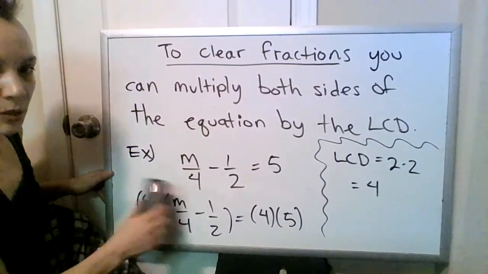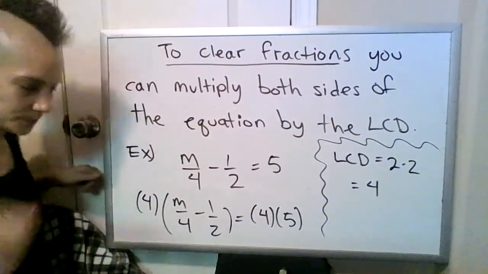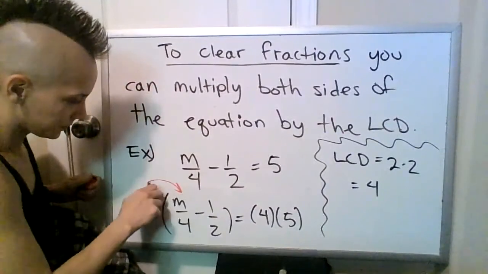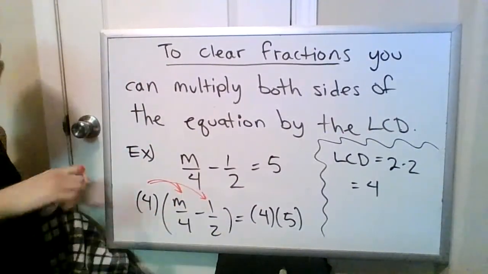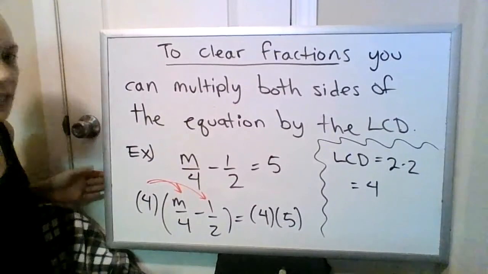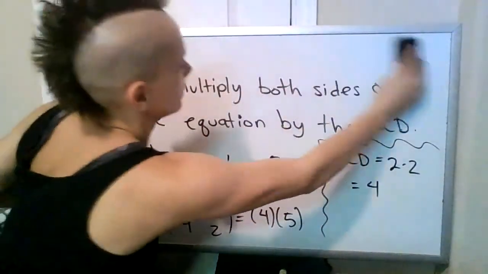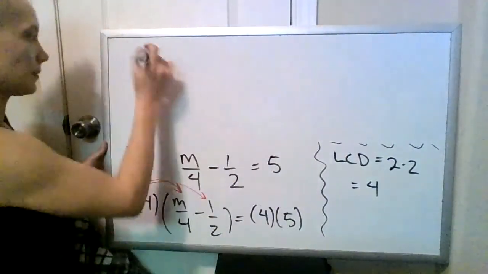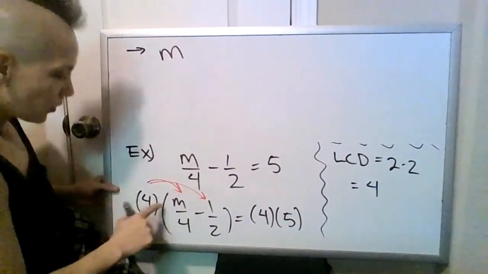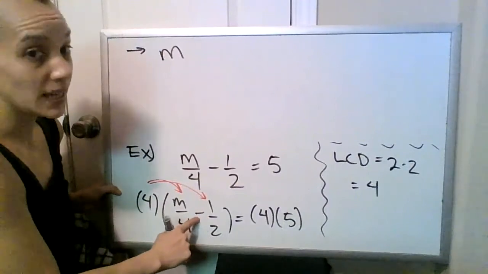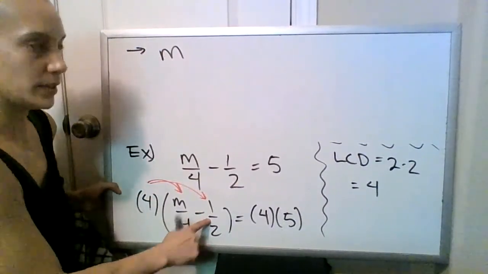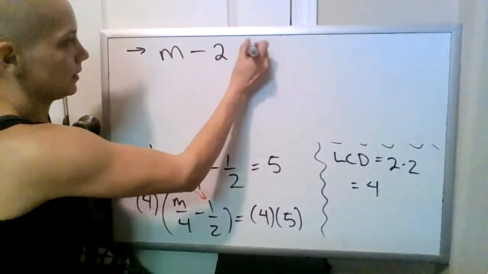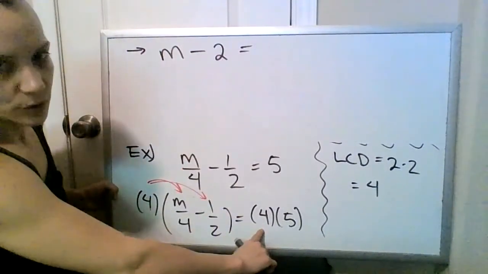Okay, that 4 is distributed. 4 times m over 4 is m. 4 times a negative 1/2 is going to be negative 2. And here, 4 times 5 is 20.